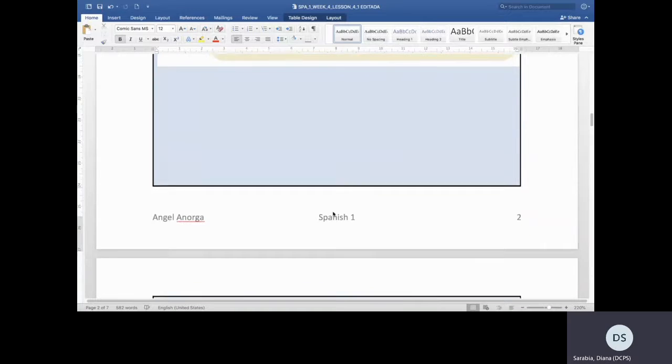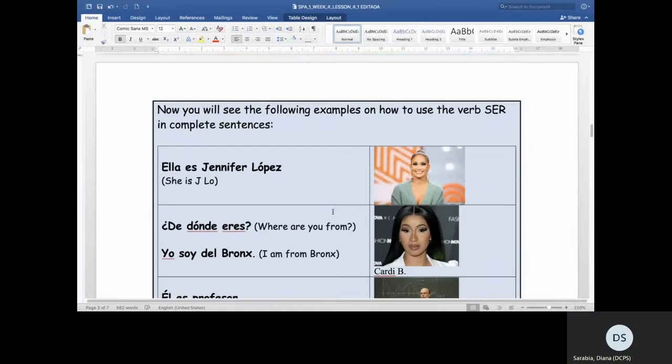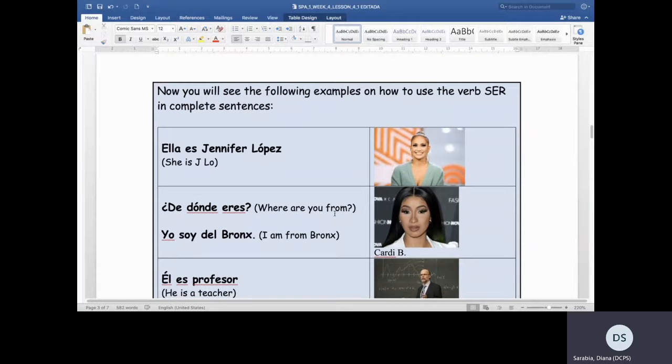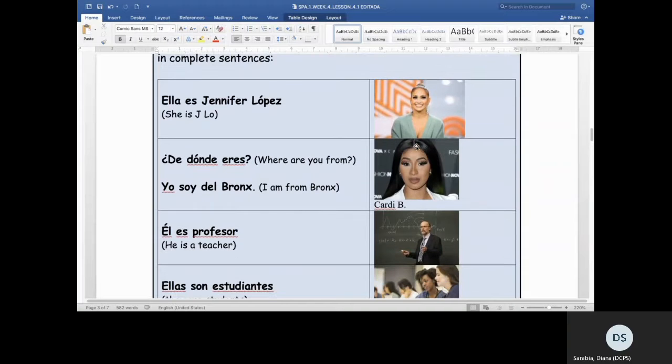Now let's see what we do with el verbo ser. Typical sentences and questions that we do with el verbo ser. Ella es Jennifer López. ¿De dónde eres? Yo soy del Bronx.